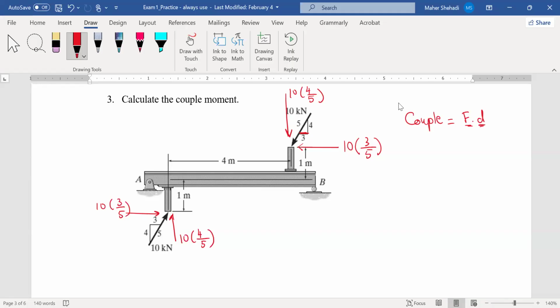For example, the 10 times 4 over 5, 10 times 4 over 5 in the y direction going up and down. So that's a couple. And then look for the distance. It's 4, right? However, this problem is slightly different. I'll give you maybe 2 more minutes to see if you can figure it out.